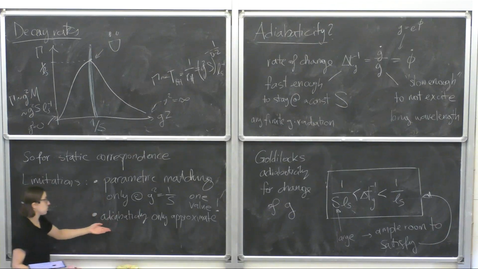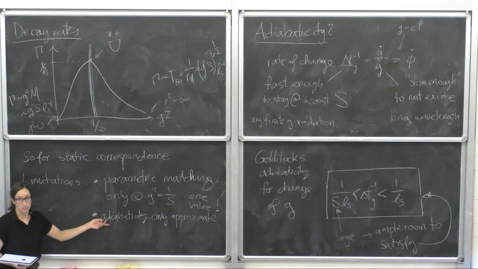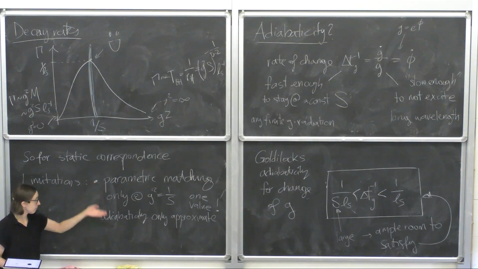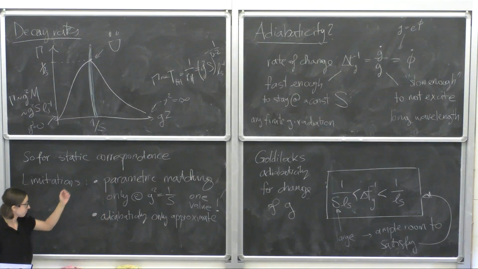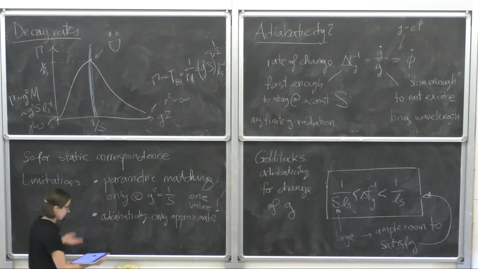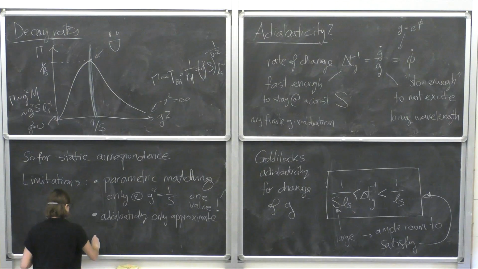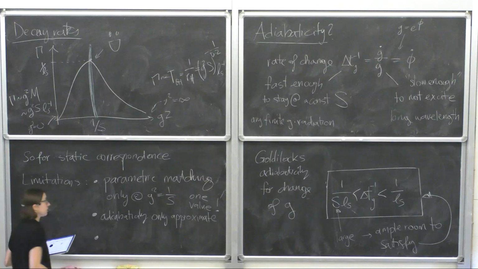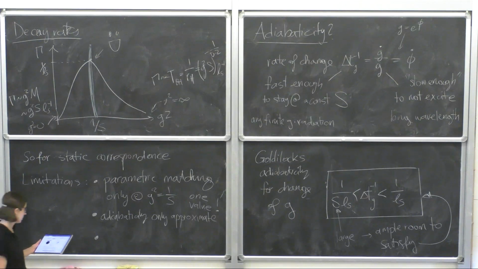So the nice thing about supersymmetric black holes is that we can do an exact matching at some correspondence value, and we have an adiabatic notion. And then the other thing is, we saw that to match sizes, we had to include the effect of self-gravity.